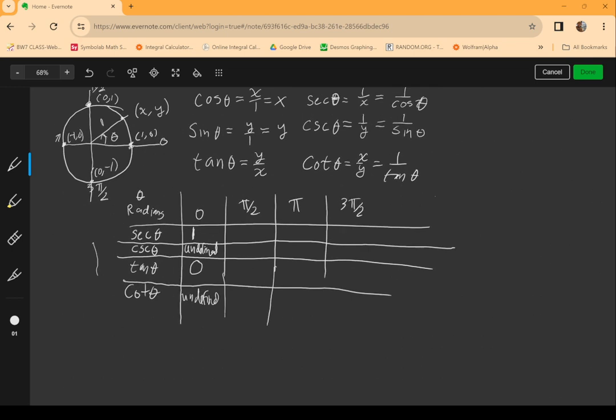Okay, so now let's look at pi over 2. Here the y coordinate is 1 and the x coordinate is 0. So when we think of secant of theta, we'd have 1 over 0, which gives me an undefined quantity. For the cosecant, 1 over sine, sine of theta in this case would be 1.